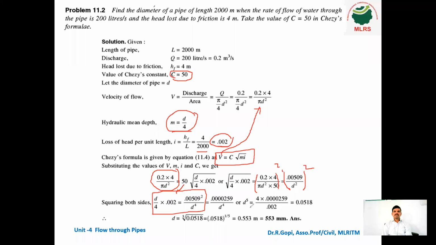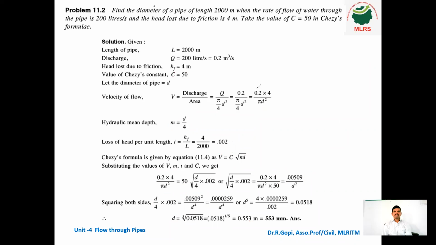Again simplification, and finally we found D is equal to 0.553 meter. Always we tell diameter in terms of mm, so 0.553 meter multiplied by 1000 is 553 mm. This is the final answer.